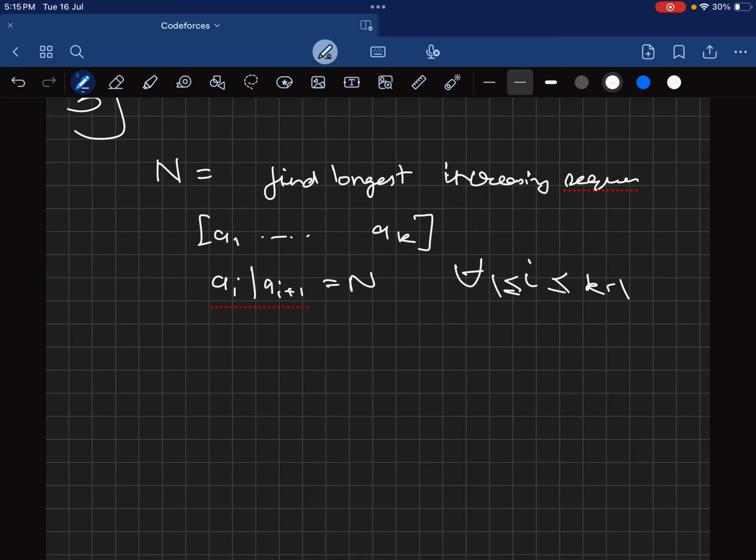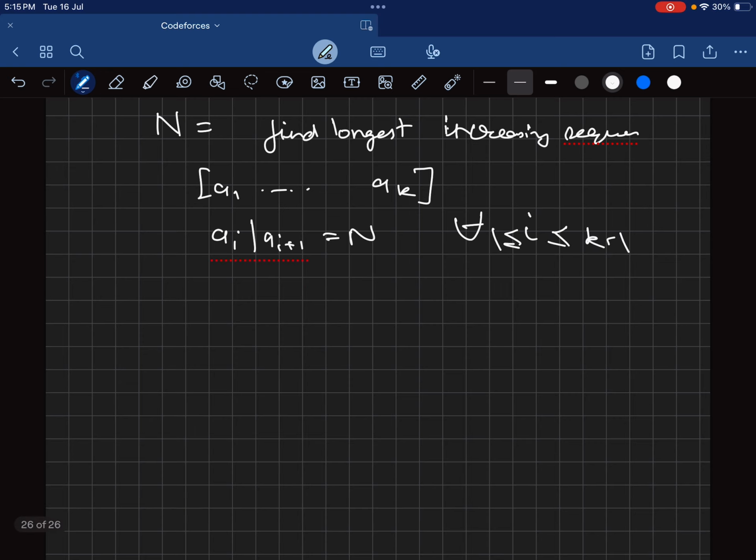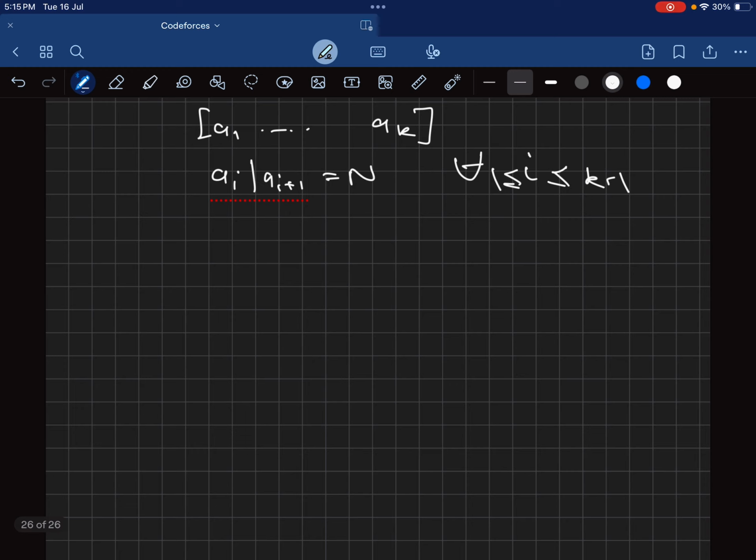So we have to find the longest sequence like this. The strategy is, suppose I take the number 23, which is also a test case. 23 can be written as 10111 in binary.